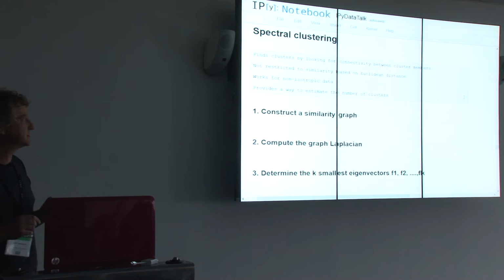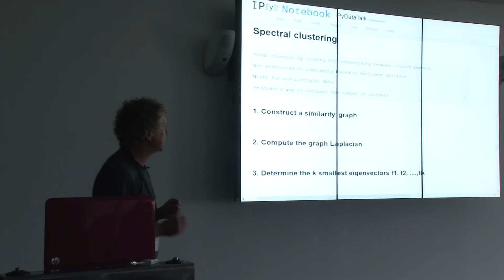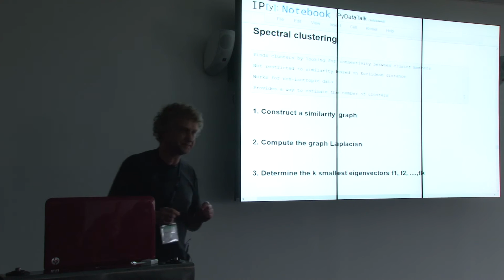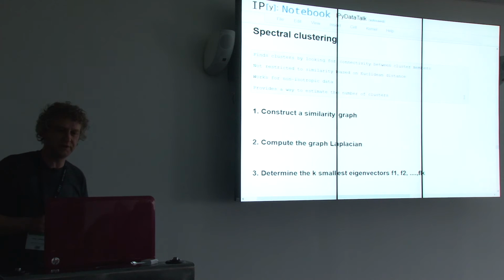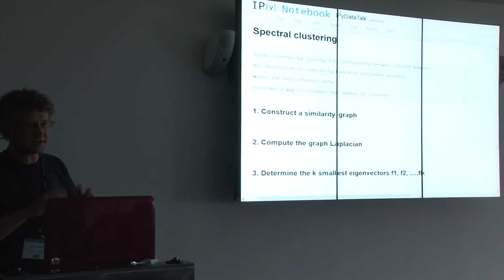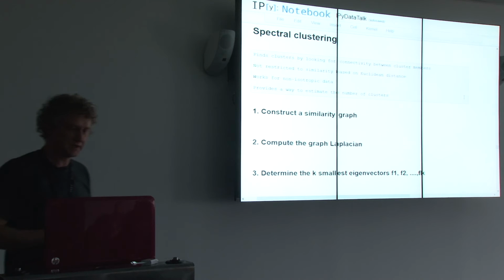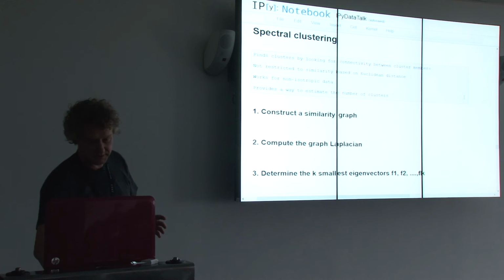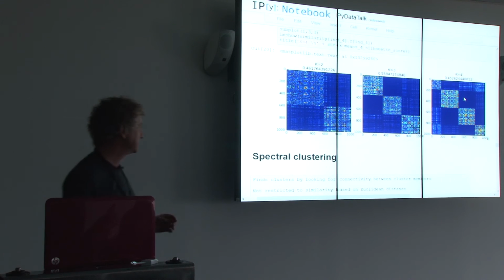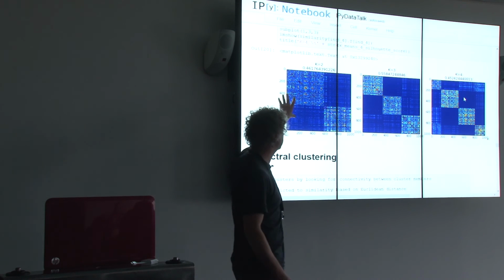It's also nice because it works with a similarity matrix. This means that you're not constrained to work with Euclidean distances. If you can measure the similarity between objects and create a similarity matrix, much like this, which is just a distance matrix, or the sum squared distance.